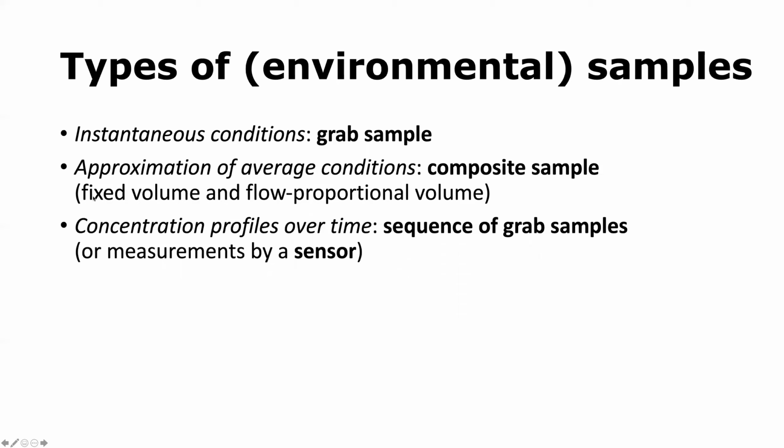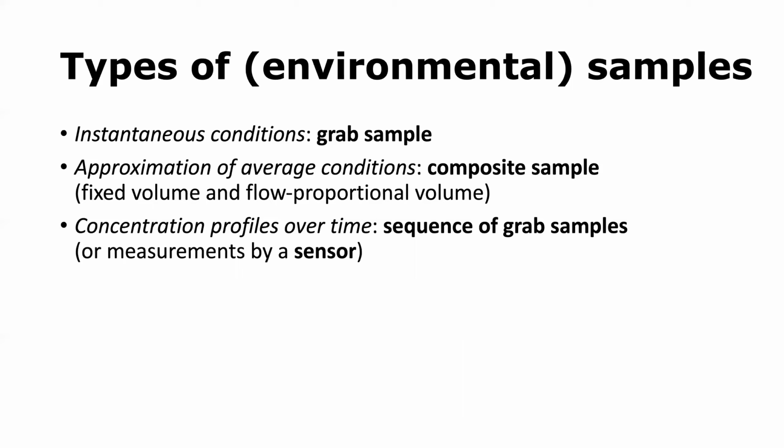There are two different ways to collect a composite sample. Let's say you have a river, you could have a fixed volume composite sample where you're collecting the same volume every single hour, let's say, and then at the end of the 24-hour period, if it's a 24-hour composite, you're mixing all of those individual volumes together into a single sample.